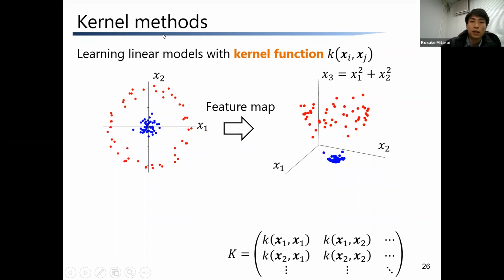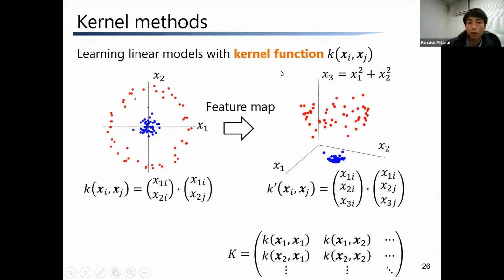And learning linear models. To learn the linear models, we can use the Kernel function, which is an inner product between the data. So the Kernel function is an inner product which measures the distance between the points.